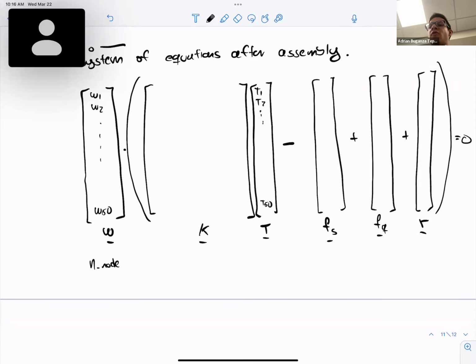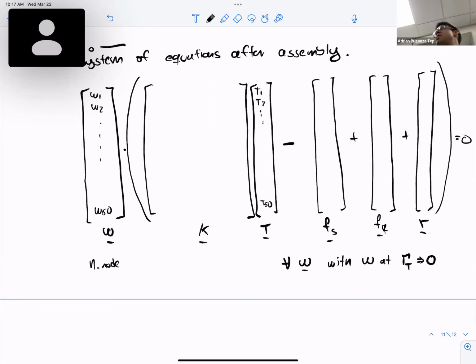Now this has to be true for all W's with only one condition, right? With the W's at the boundary with essential conditions. So there are some nodes for which we know the temperature.